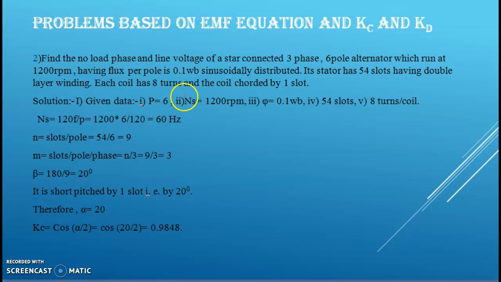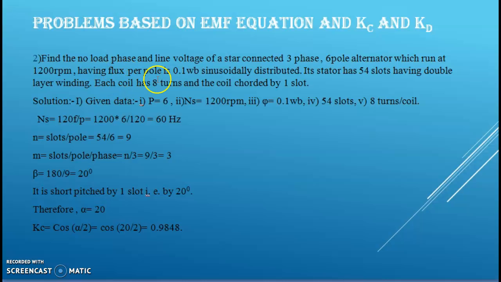Now again we will write down the given data. Here P is equal to 6, they have given 6 poles. Then they have given the synchronous speed of the alternator. The alternator runs at 1200 rpm, so that is Ns. So Ns is 1200, and from this we have to find the frequency.